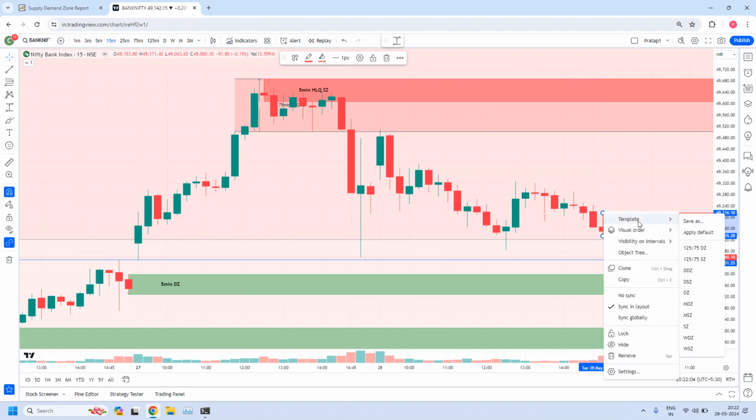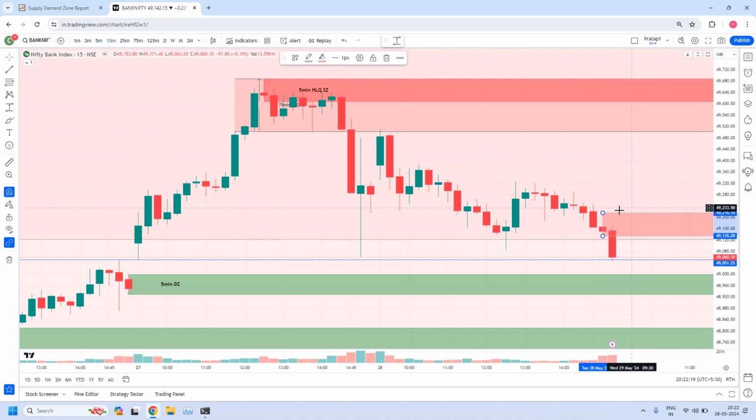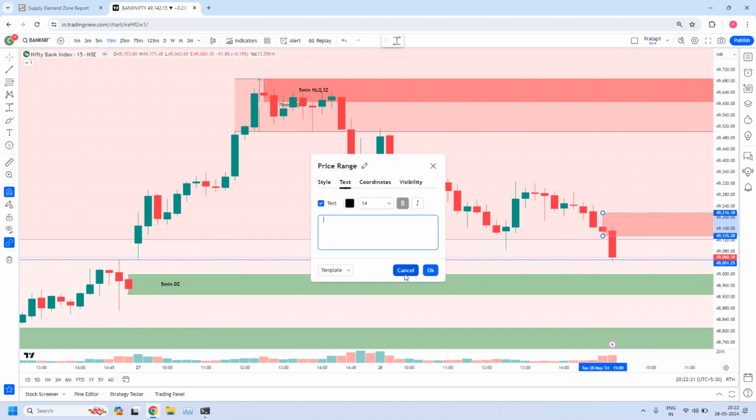Maybe we may get some short opportunities from the fine-tuned zones, if any. But at this point we should also observe, I will tell you. First, we will label this. This is a 15 minutes supply zone. Normal supply zone. It is not high liquidity.